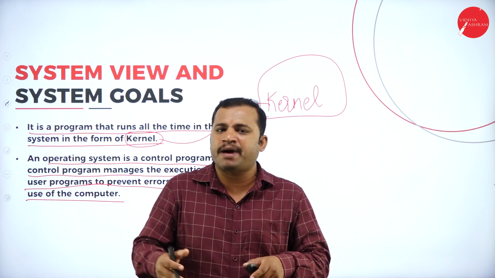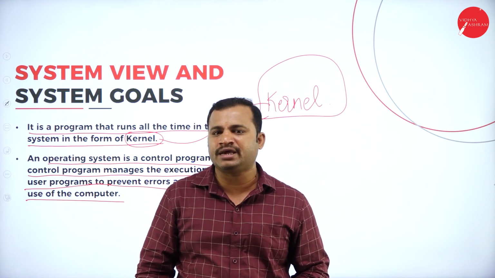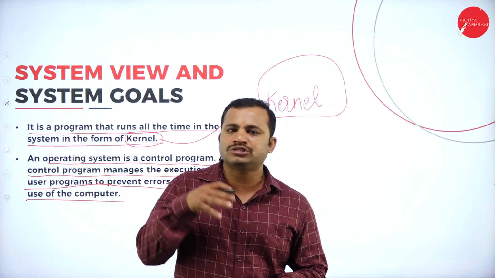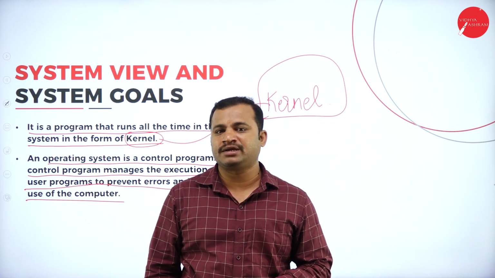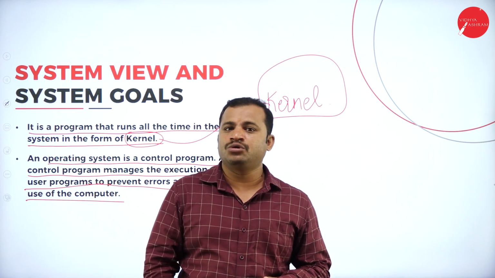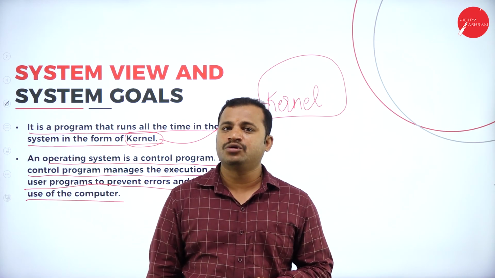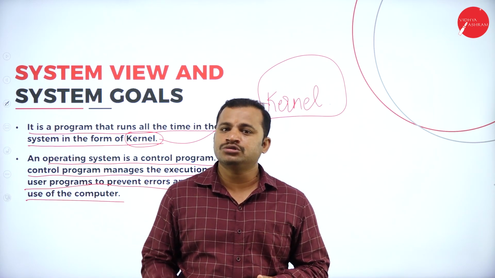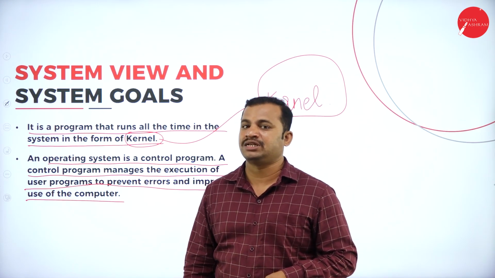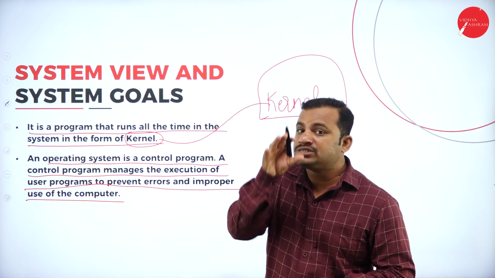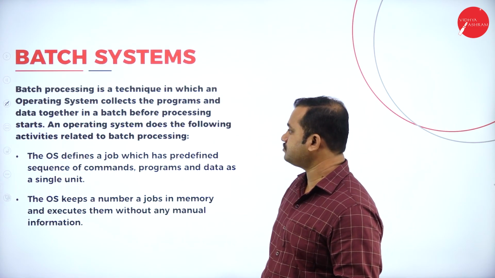If that is the case, parallel processing is to be taken care of. Parallel processing is done when we have multiple cores in the system architecture, that is single core, dual core, quad core, which allows you to perform multiple tasks simultaneously. That is from the system viewpoint.